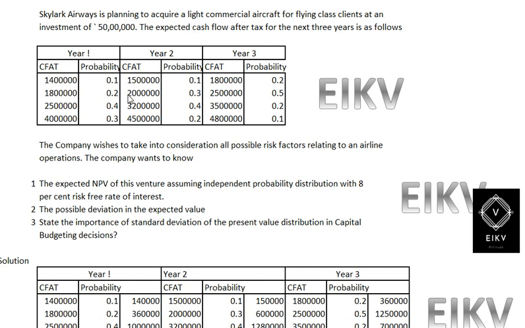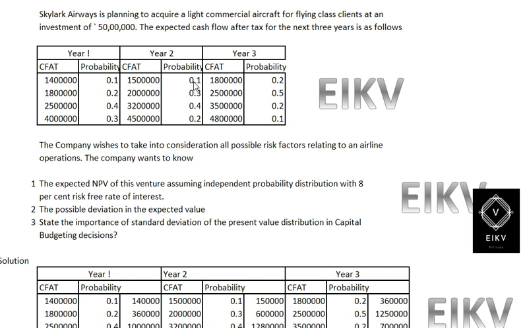So years and probabilities have been given here: year, cash inflow, that is cash flow after tax, and probability. Year 1: 14 lakh, 18 lakh, 25 lakh and 40 lakh, with probabilities 0.1, 0.2, 0.4 and 0.3.